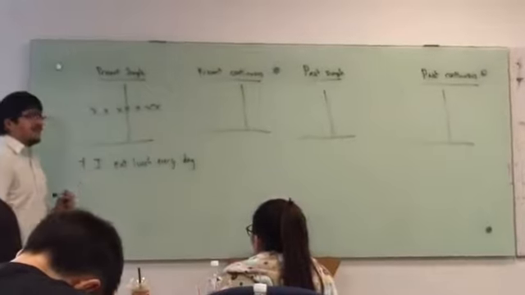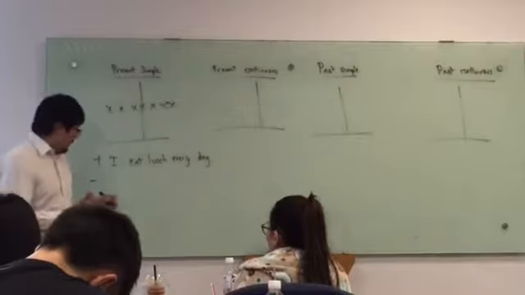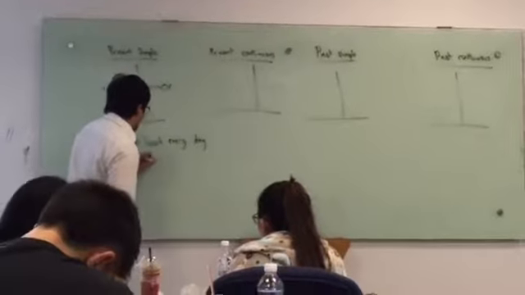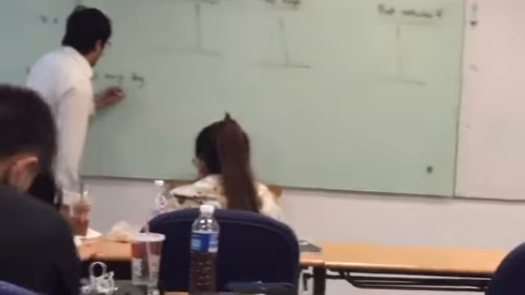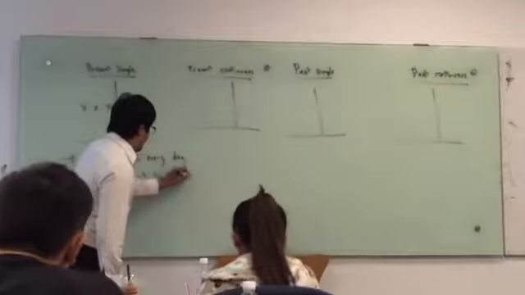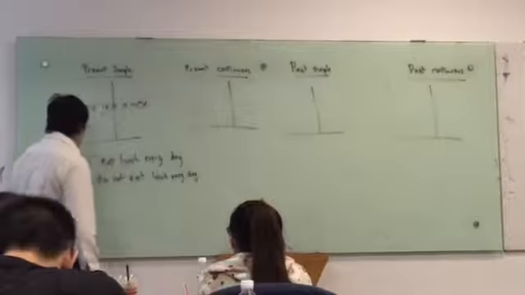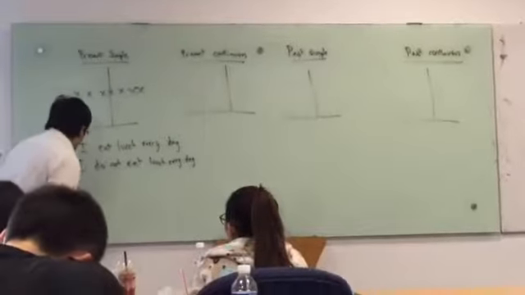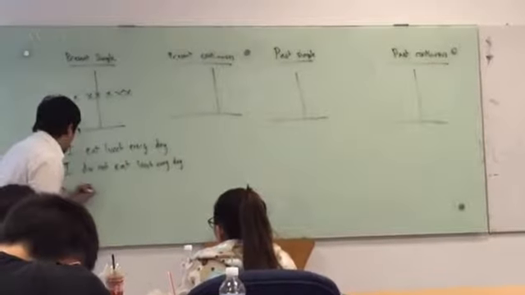Alright, and what's the negative of this? I don't or I do not eat lunch every day. Every day. Great. And what about the question form? Do you eat lunch every day?